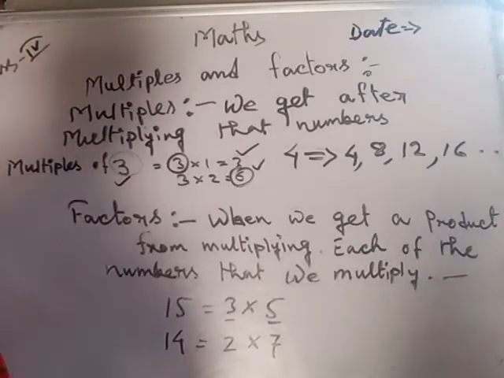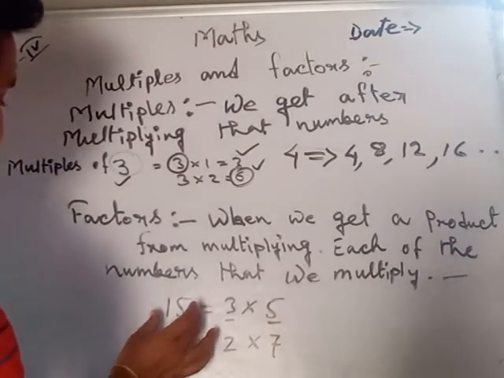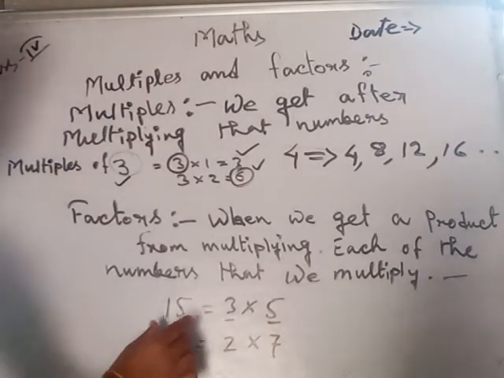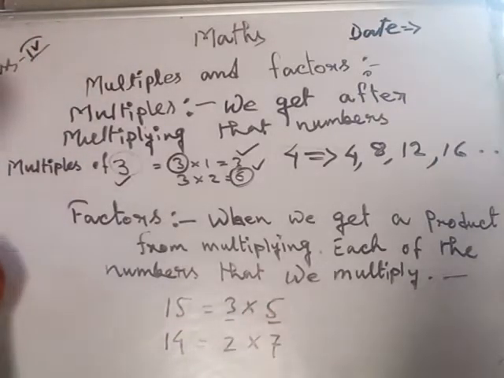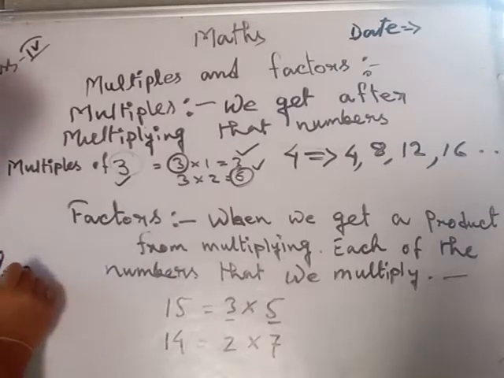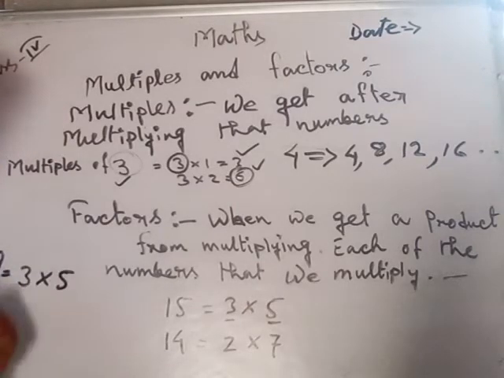When we get a product from multiplying, suppose it is 15, we get 15 as the product of 5 and 3. So 3 and 5 are factors of 15. Each of the numbers that we multiply, these numbers are called the factors of that number.